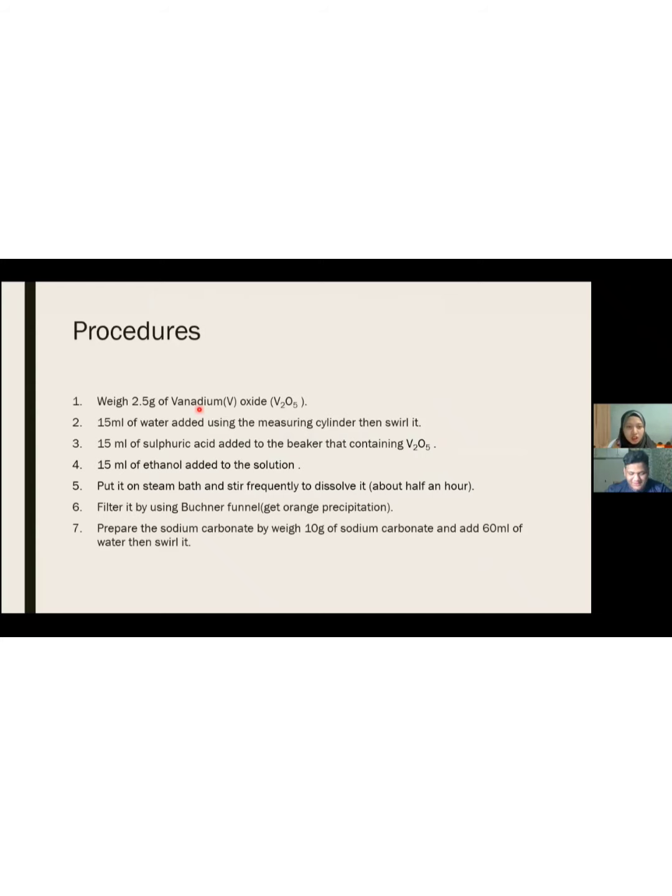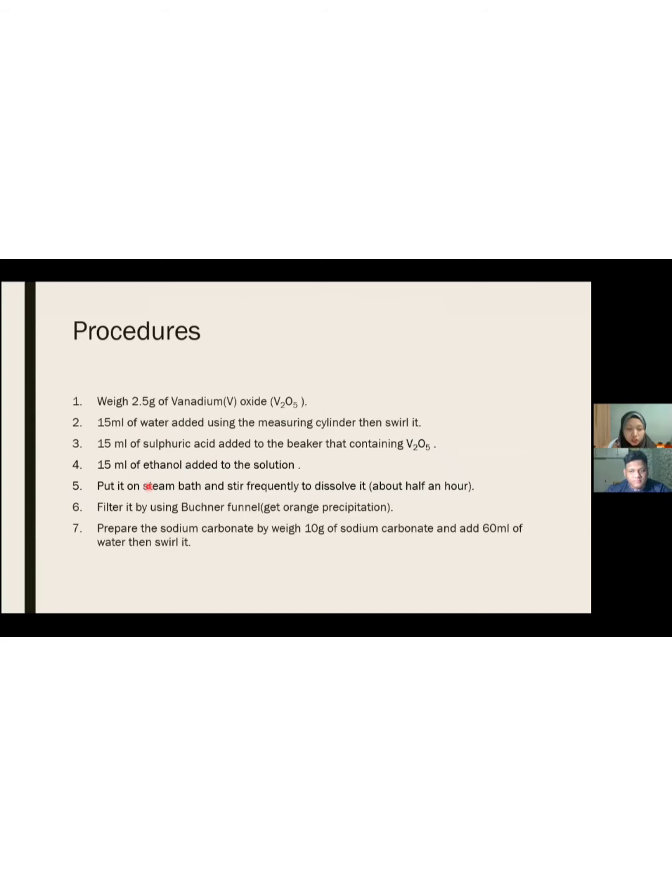First, we must weigh 2.5 grams of vanadium(V) oxide, which is V2O5. Then we need to add 15 ml of water using the measuring cylinder, and swirl it. After that, we add 15 ml of sulfuric acid to the beaker, followed by 15 ml of ethanol.